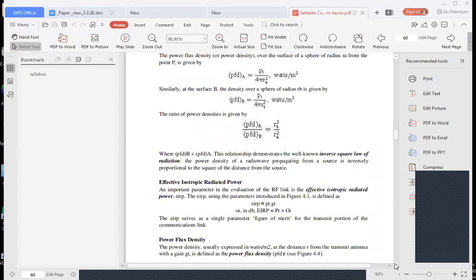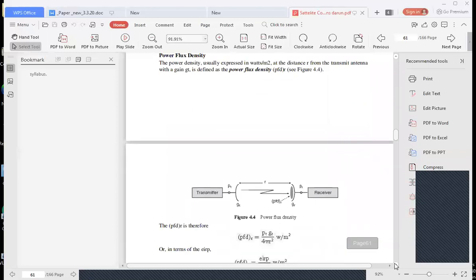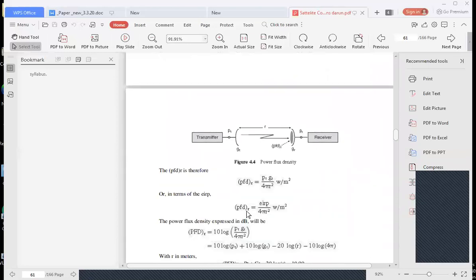Now the EIRP or effective isotropic radiated power. EIRP is given by PT into GT. Again this model, PFD is PTGT by 4 pi R square. R is the distance. PT into GT, this power is moving R distance.